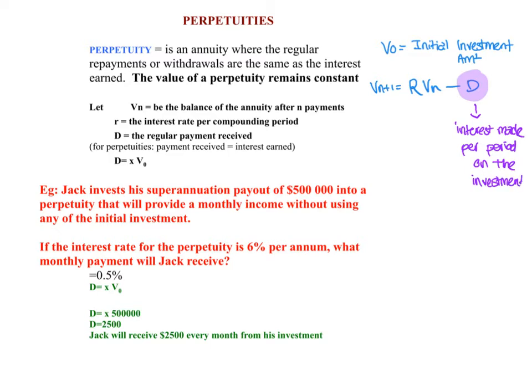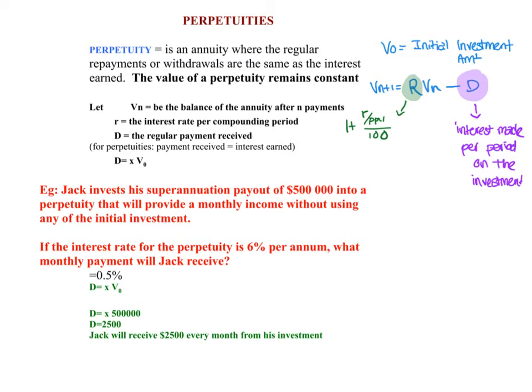And this R here will be found by doing 1 plus the rate per annum over the periods per year, over 100. So really that interest rate that you're getting will match the payment. So the balance of the perpetuity will always remain the same.